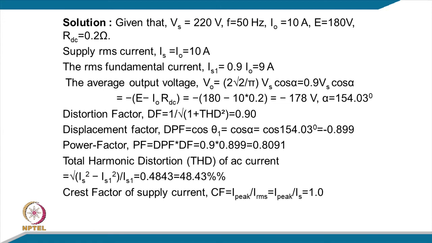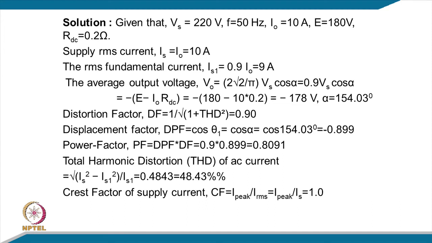The average voltage will be 2 root 2 upon pi times Vs cos alpha, that is 0.9 Vs cos alpha, and it will be equal to minus E minus I0 R, the DC voltage. Putting in the values, we get minus 178, and alpha comes to 154.03 degree, which is for inverter operation because it is more than 90 degree.